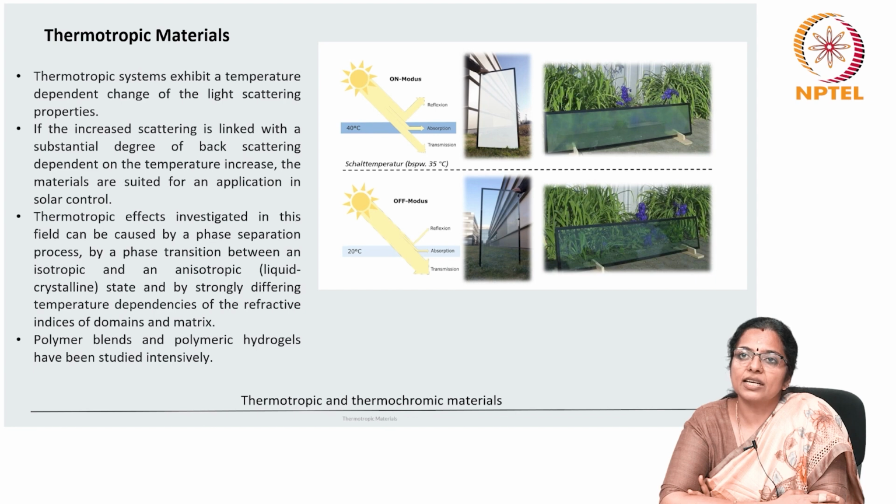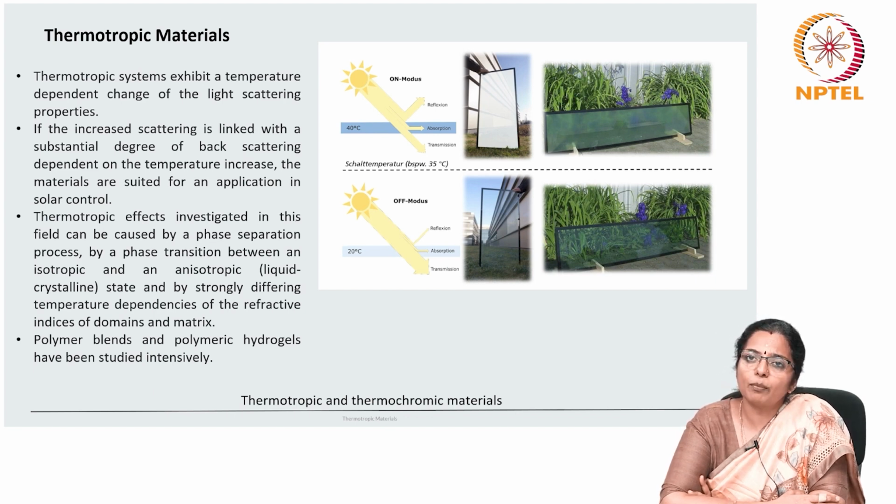Thermotropic effects investigated in this field can be caused by a phase separation process, by a phase transition between an isotropic and an anisotropic, which is liquid crystalline state, and by strongly differing temperature dependencies of the refractive indices of domains and matrix.